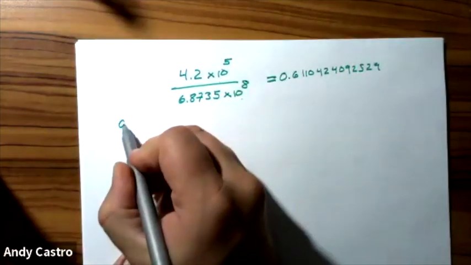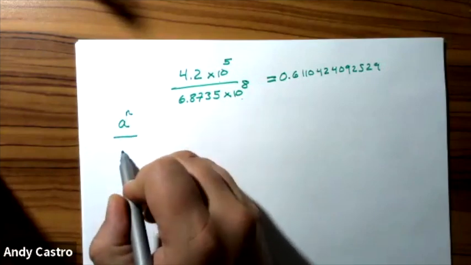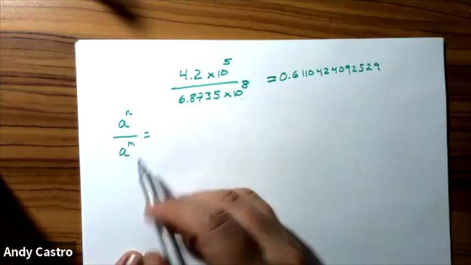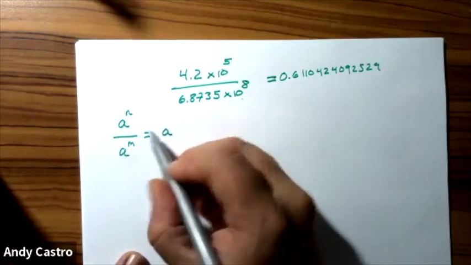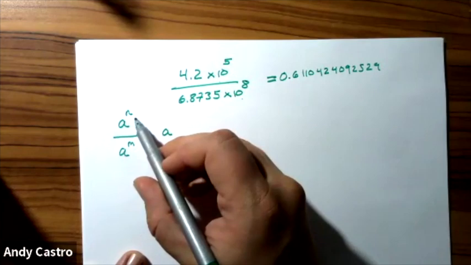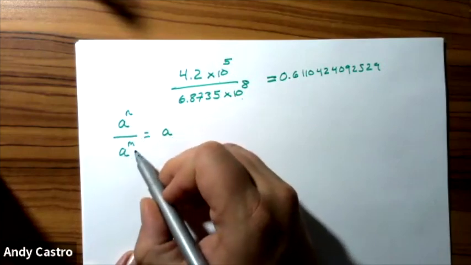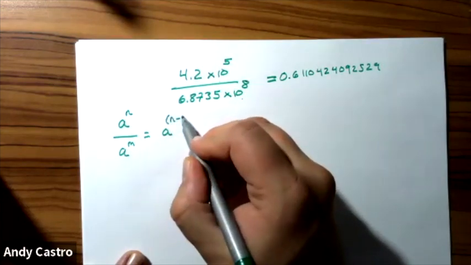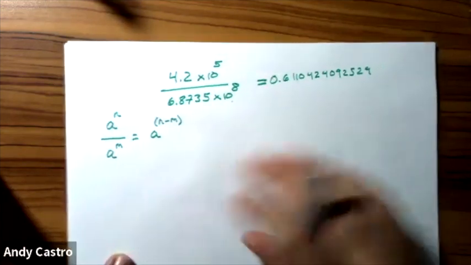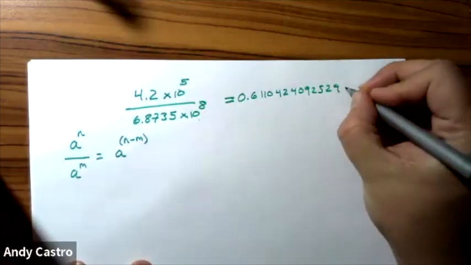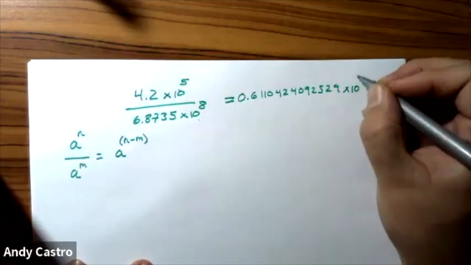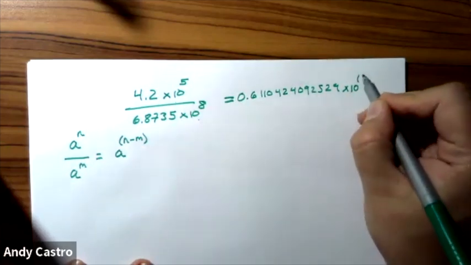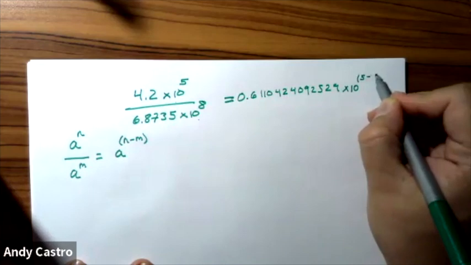And if you remember from yesterday, if we have the same base and we're dividing and they each have an exponent, that becomes a to the n divided by a to the m becomes a to the n minus m. So that's what we'll do here. Times 10, that's a, and then to the 5 minus 8.